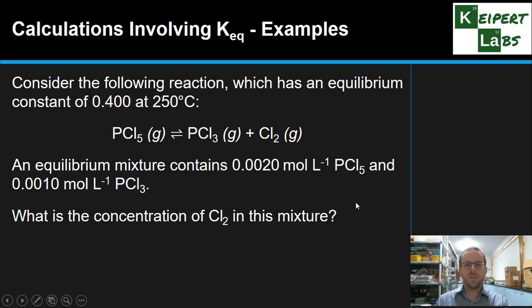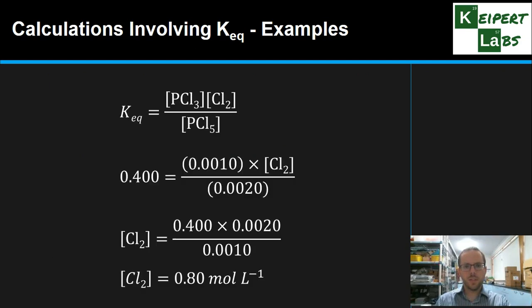We need first to look at our equilibrium expression. So we construct our equilibrium expression. There's no squares or cubes or anything else like that because we've got coefficients of 1. And then we substitute in what we know. In this situation, we know our equilibrium constant. The thing that we don't know is our chlorine concentration, so it remains our unknown, or it's X, for example.